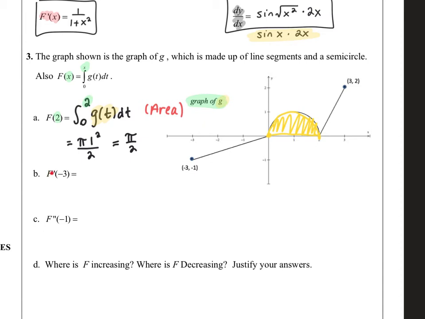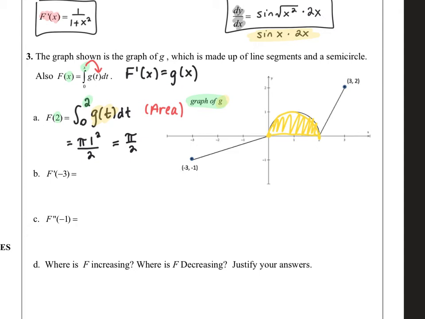Now this one's f prime of -3, which means I have to refer to my function f of x here, which is that integral, and find its derivative, and this is where that fundamental theorem comes in. What it says is, if I do the derivative of a function defined as an integral, all I do is take the upper limit and plug it in.